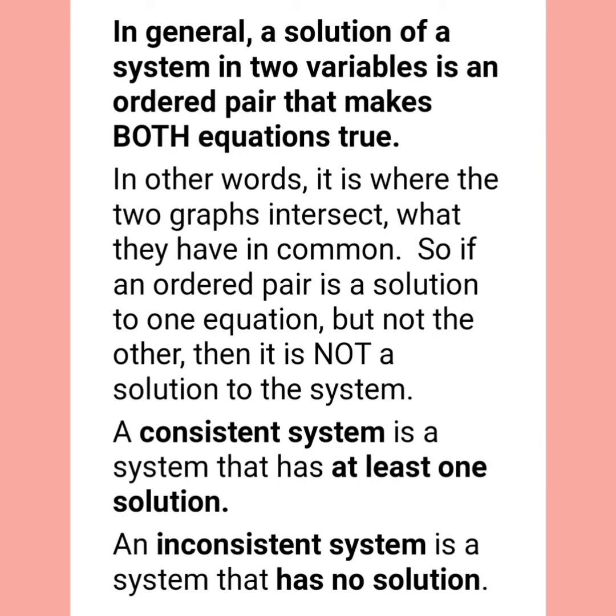A consistent system is a system that has at least one solution. An inconsistent system is a system that has no solution. So we have seen a lot of properties of systems of two variables, and we can apply these properties to solve the problems dealing with two variables.